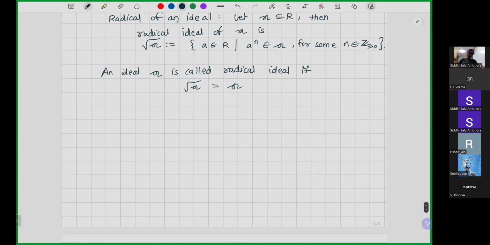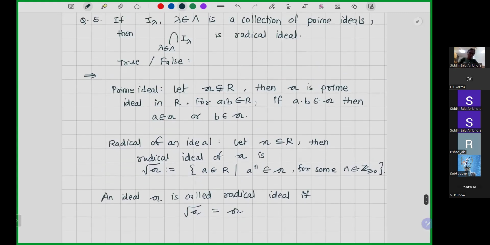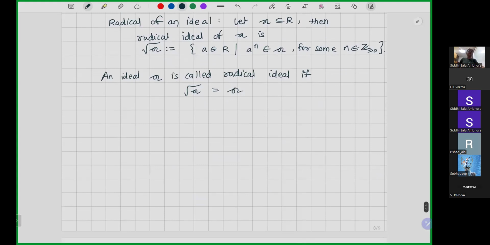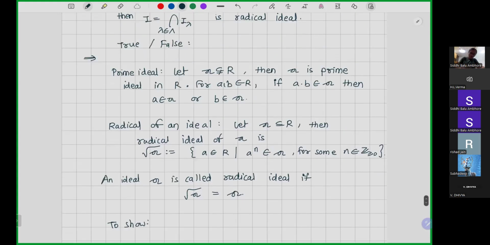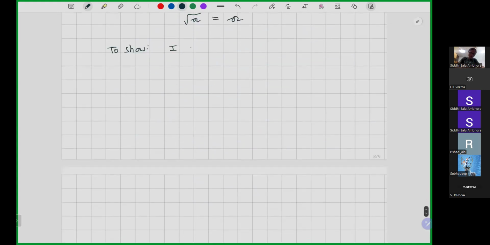So let me give some name to this ideal. Let me call it I. Okay, so to show this I is a radical ideal.